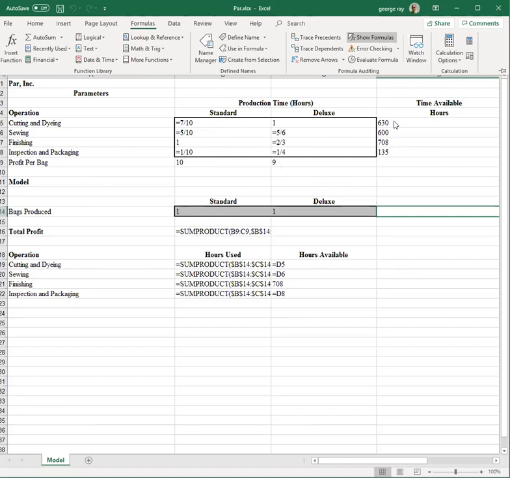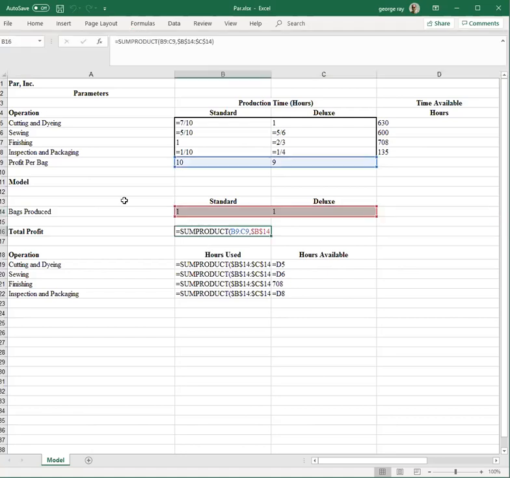And the available hours for each labor category. So these become our constraints. Our decision variables are in the gray cells, and they are the number of standard bags produced and the number of deluxe bags produced. We'll use the SUMPRODUCT function to get our profit.